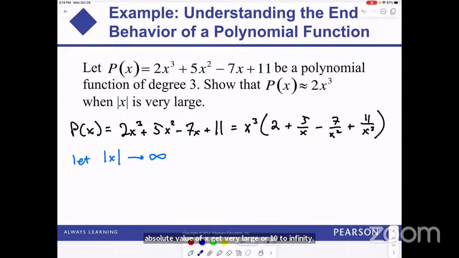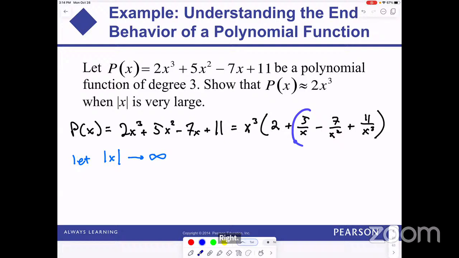Let's first consider the term 5 divided by x.